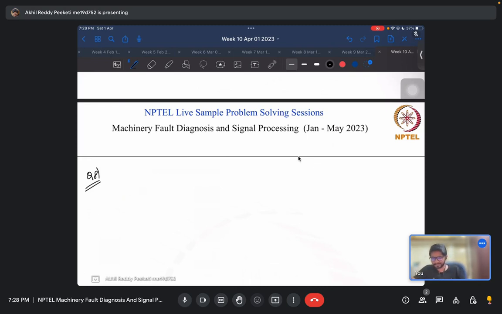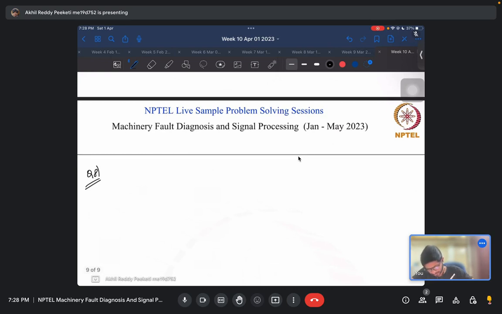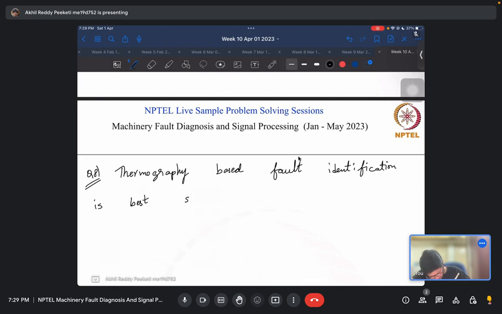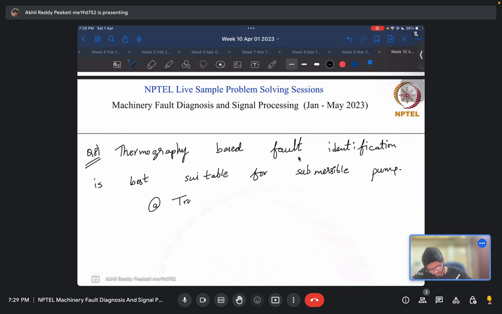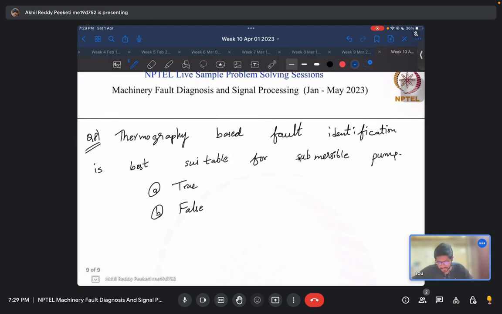Let's look at the next question. The question is a true or false type question: thermography based fault identification is best suitable for submersible pumps.